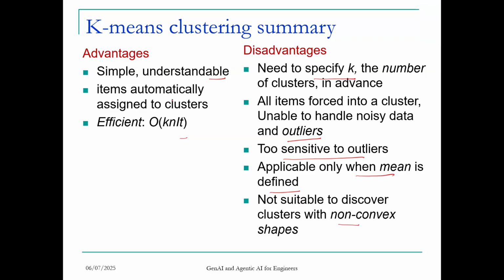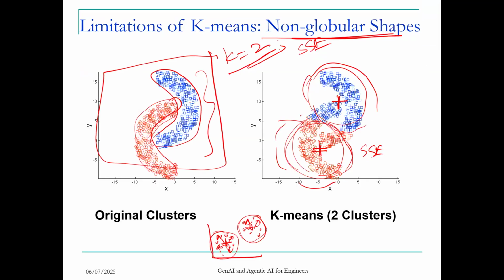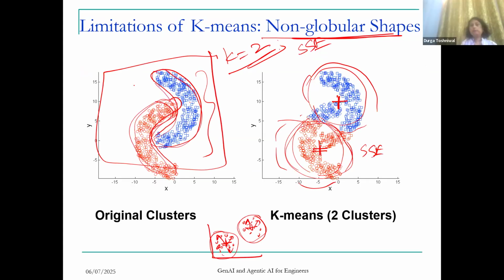Ma'am, the last point says it is not suitable to discover clusters with non-convex shapes. So the reason is that we are not getting the mean correctly? I already showed you. For example, this is an arbitrary or non-convex shape. The way k-means works is it utilizes the notion of a centroid or cluster center, which is the mean value.